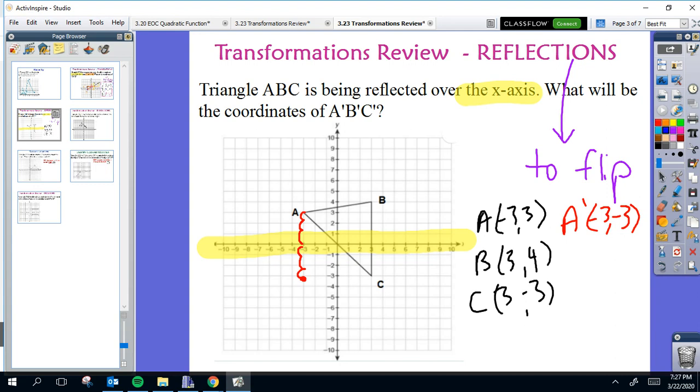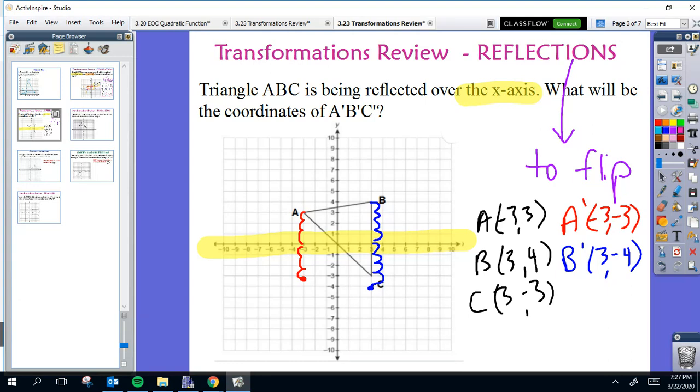Moving on to letter B, I'm flipping it over this yellow line, the x-axis. It is 1, 2, 3, 4 from the x-axis. So I need to go an additional 4 to flip it completely. 1, 2, 3, 4. This new point for B prime is going to be 3, comma, negative 4.